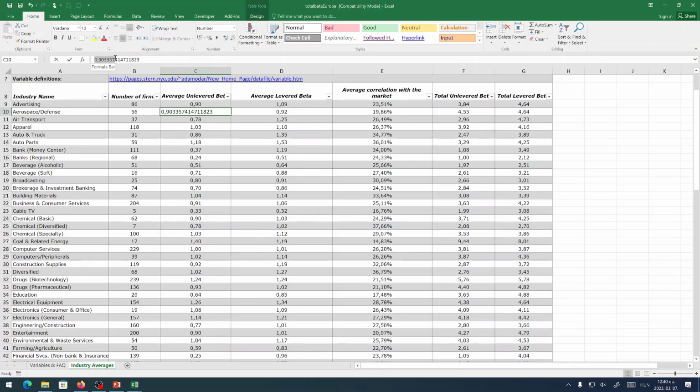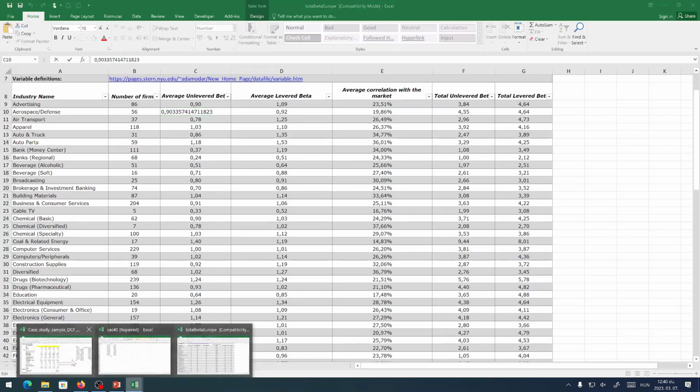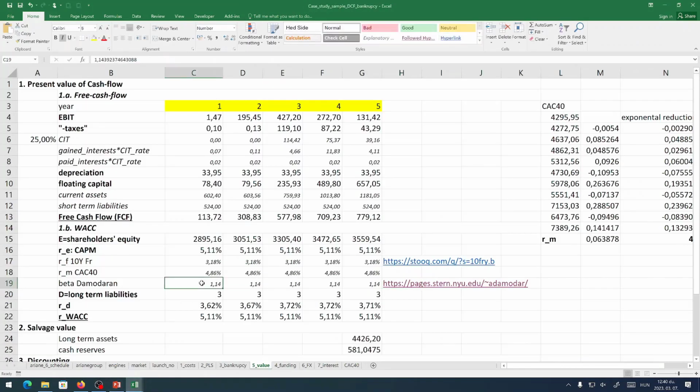Well, let's bring the rest of the digits as well. Okay, the beta is now shrinking. If it's less than 1, then it shows us that right now our aerospace business is assumed to be less risky than the market. If it's bigger than 1, then it's riskier than the market. So it was riskier last year, but now it's less.